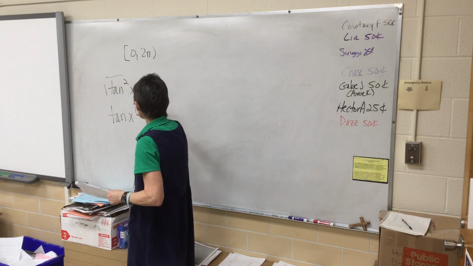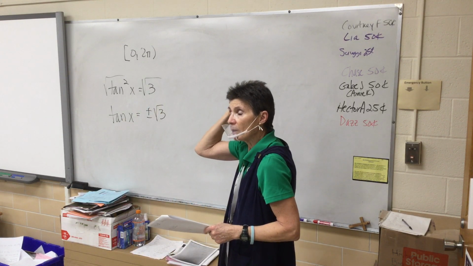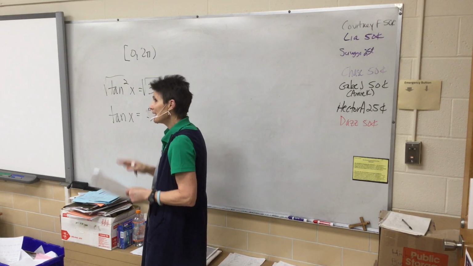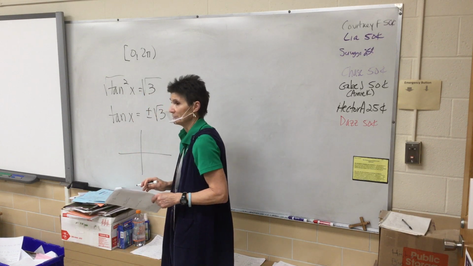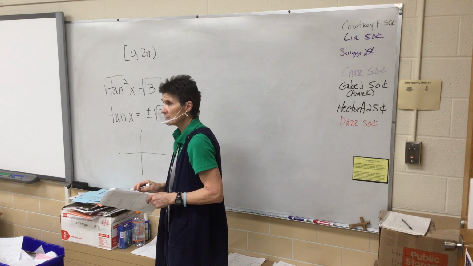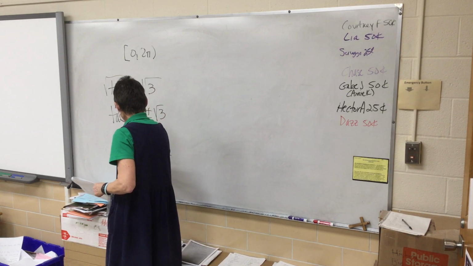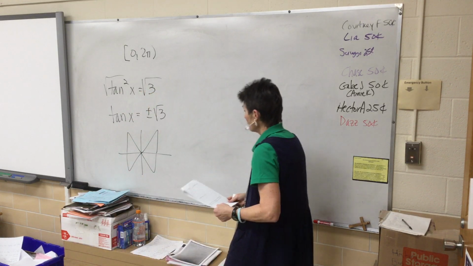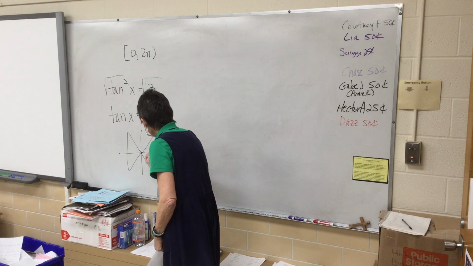Plus or minus the square root of 3. I have to remember that plus or minus, right? Now, what that tells me is my tangent can be positive or negative. Well, doesn't that mean it could be anywhere? So it could be in quadrant 1, 2, 3, or 4. So we've got the whole butterfly bow tie going. And the tangent is root 3 over 1.